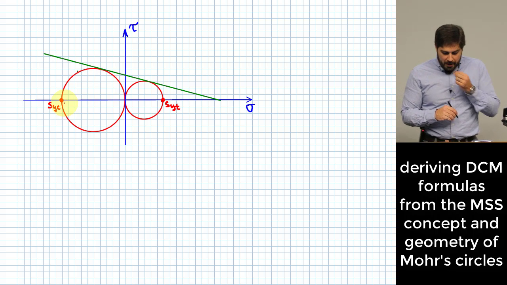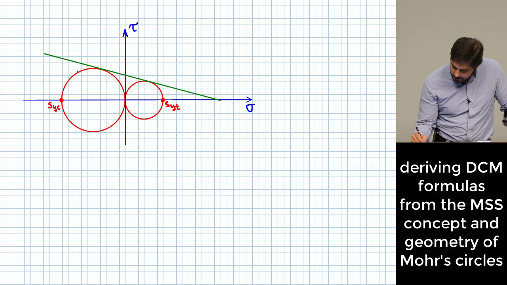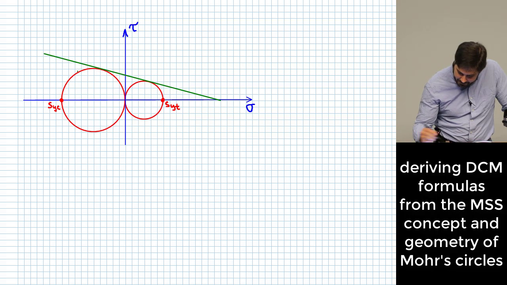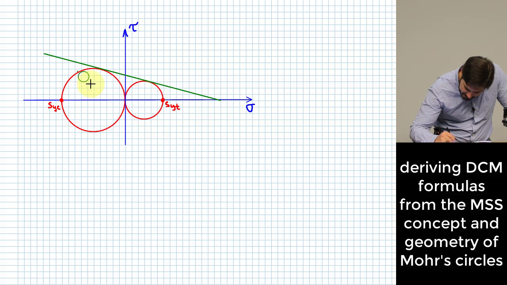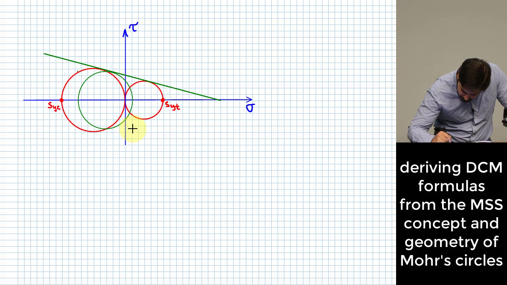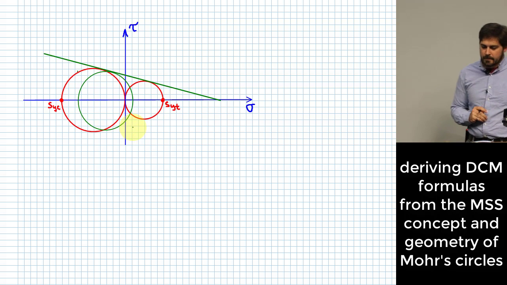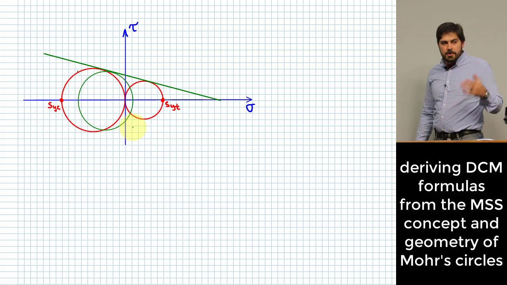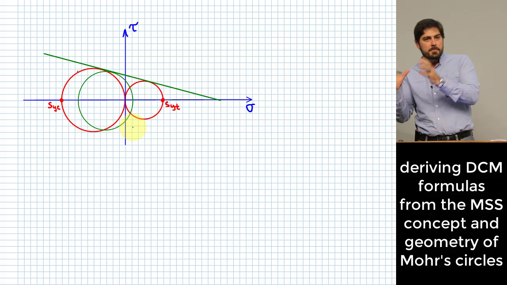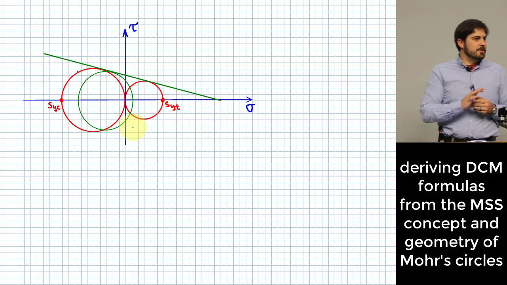So what I'm going to do here then is draw a state that is like that. Okay, here's a state of stress. Something like this. That is an arbitrary state of stress that's in between pure tension and pure compression.